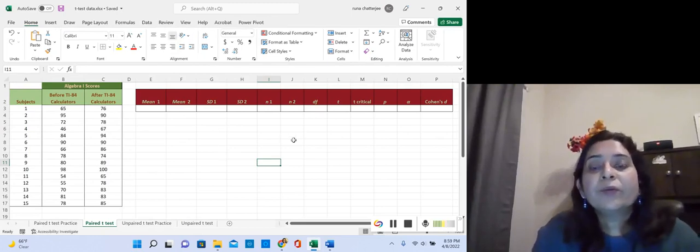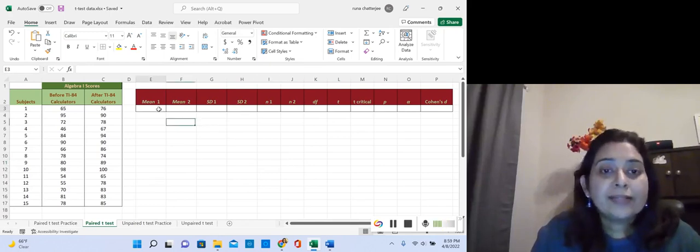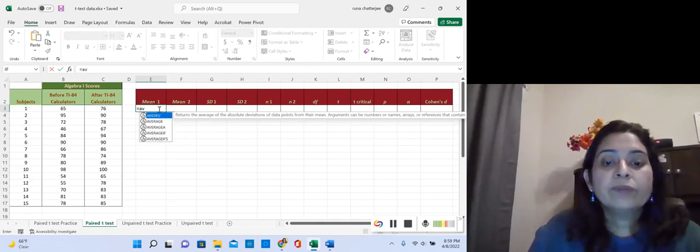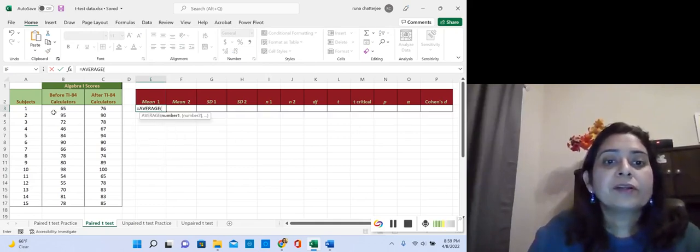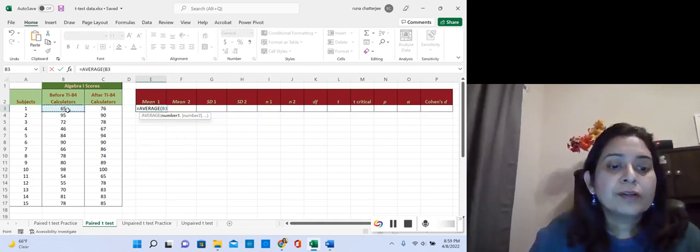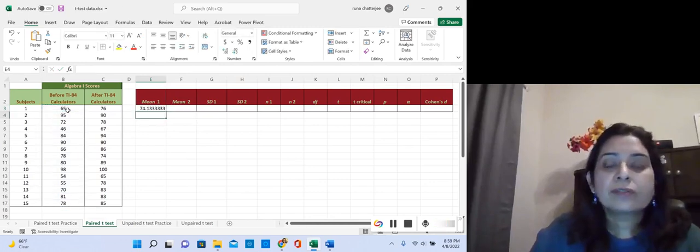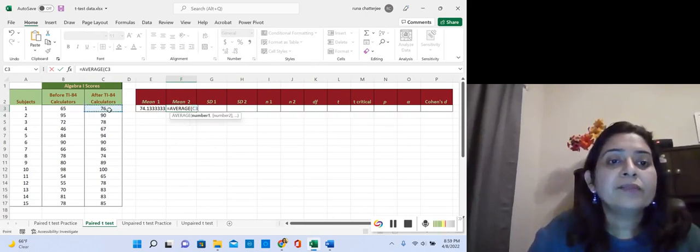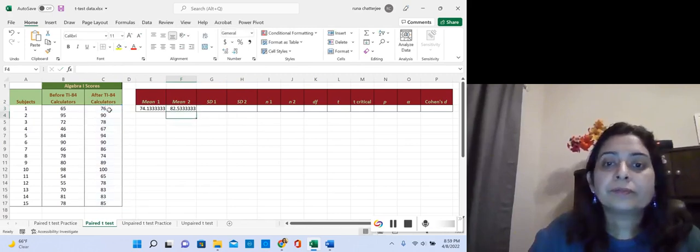So before we can go into finding t-value, we will do some descriptive findings here. We will find the average of the first group of scores. Similarly, we'll find the average of the second set of scores.